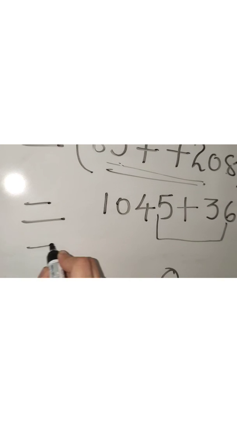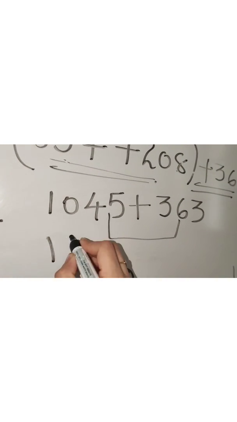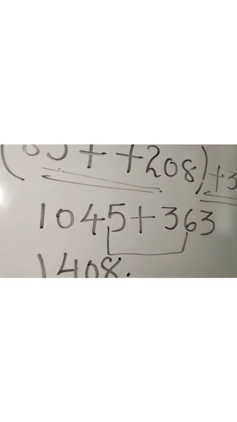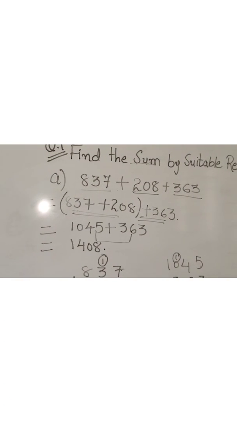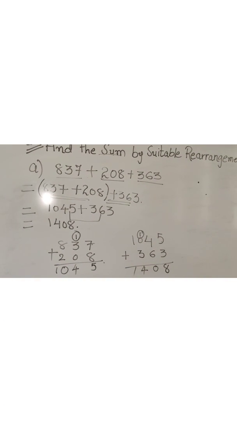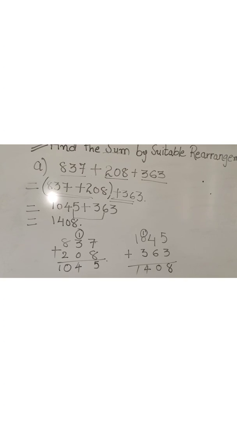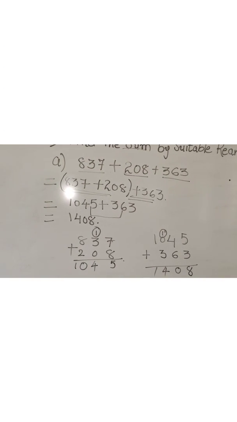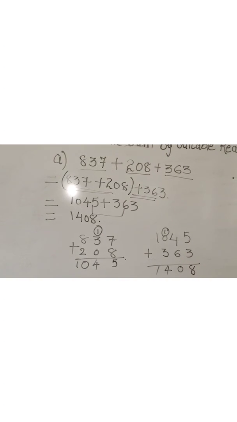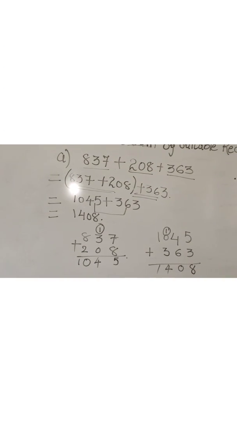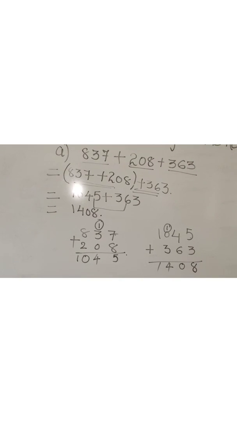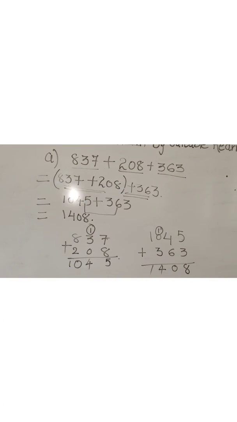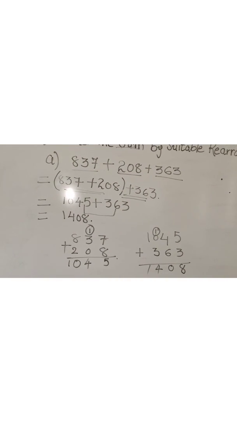So here we are going to replace these two by its sum, that is 1408. So this is how we are going to solve this sum. We can add them in any order. मैंने यहाँ पहले दो नंबर्स को ऐड किया है, आप लास्ट दो नंबर्स को भी पहले ऐड कर सकते हो. You will get the same answer. If you want to try, you can do it at home.